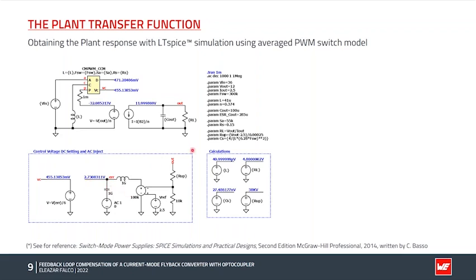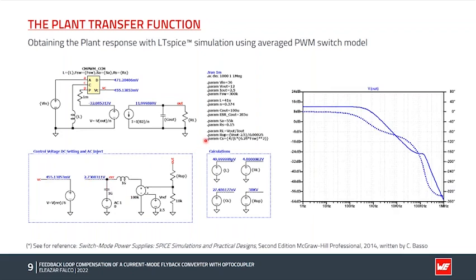So then we run the simulation and we obtain the Bode plots of the control to output transfer function by just clicking on the output voltage node here. The solid line represents the magnitude with reference to the left axis, and the dotted line represents the phase with reference to the right axis here.